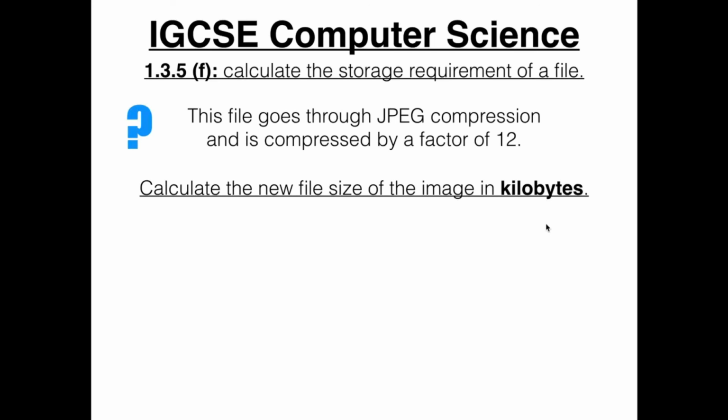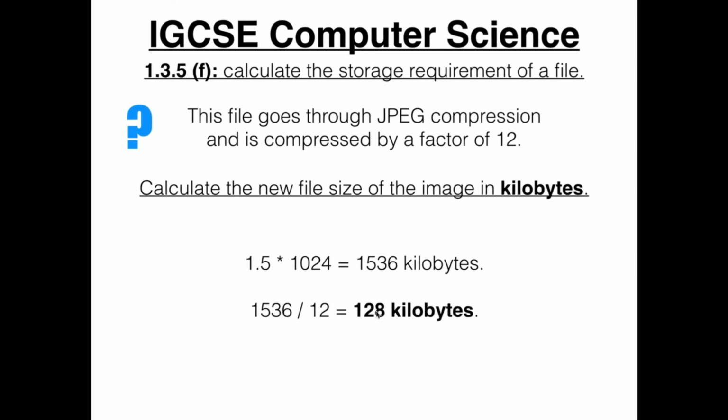But no, you have to be careful to what they say, and it will follow what they say. So let's convert it to kilobytes right now. So 1.5 megabytes that we had last time times 1024 gives us 1,536 kilobytes again. Then we can compress it by a factor of 12 by dividing it by 12, and we get 128 kilobytes. Nice.